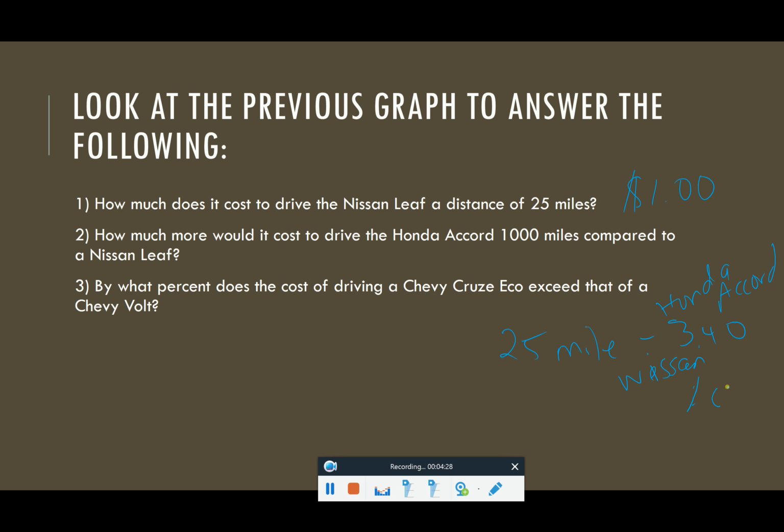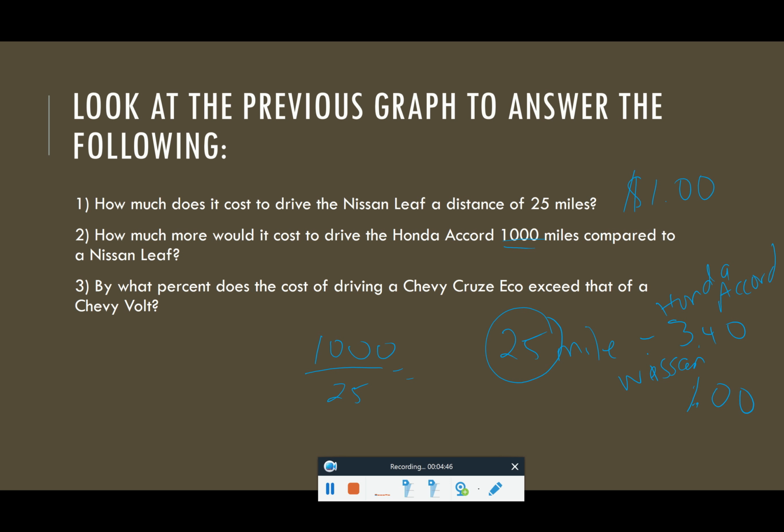But we want it for 1,000 miles. This is only for 25 miles. So how do we figure out the cost for 1,000? You take 1,000 and divide it by 25 to see how many of these we need.